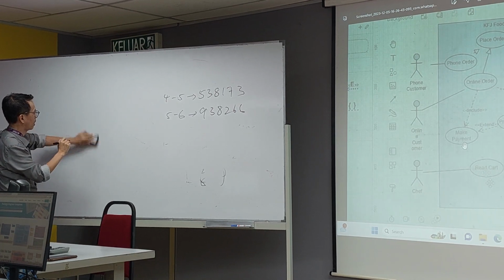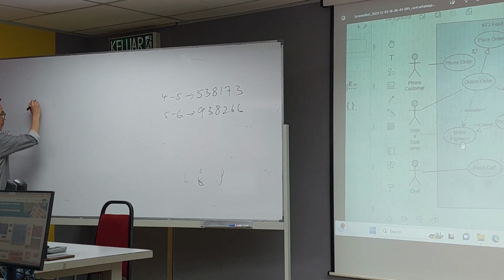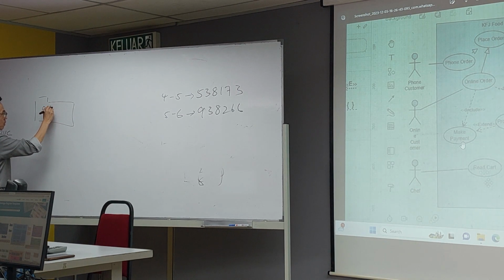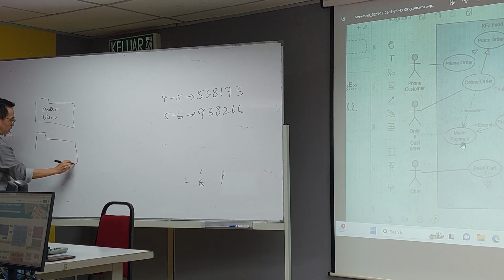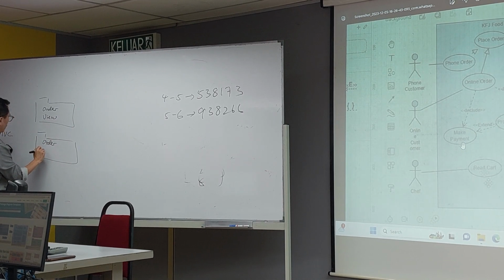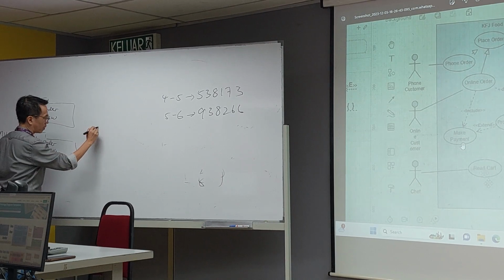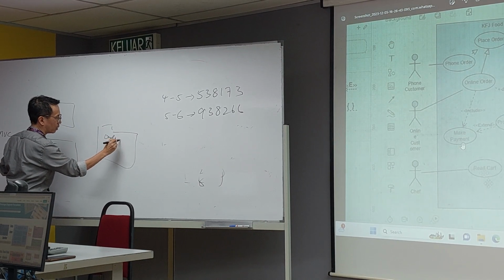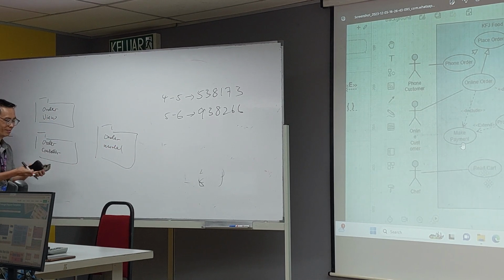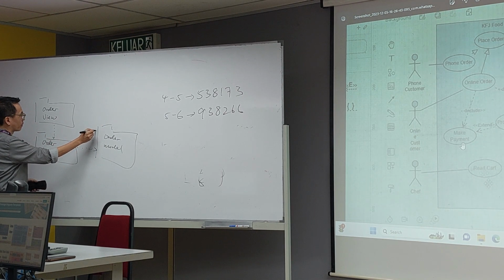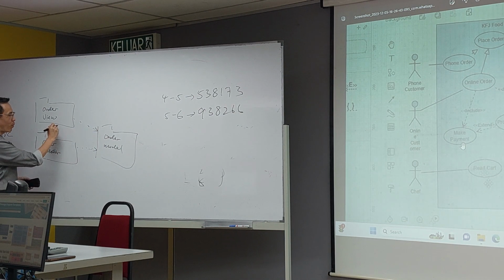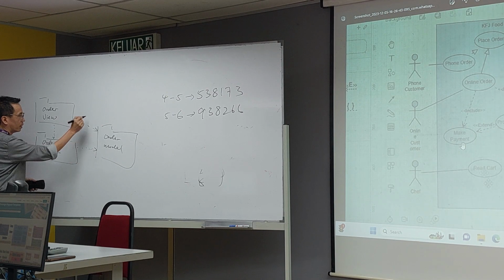Maybe like this. V is view, M is the controller. Understand? Then maybe you can put some dependency between these. Or maybe vice versa also.